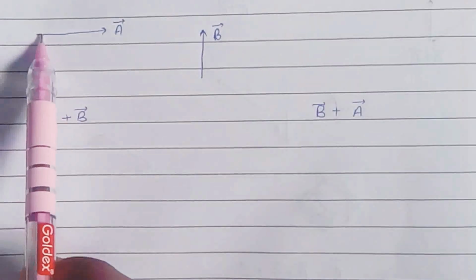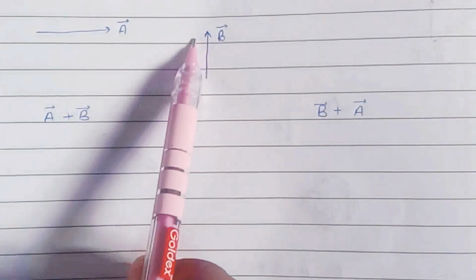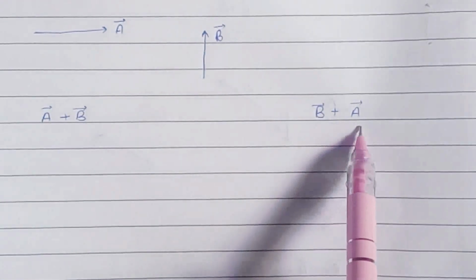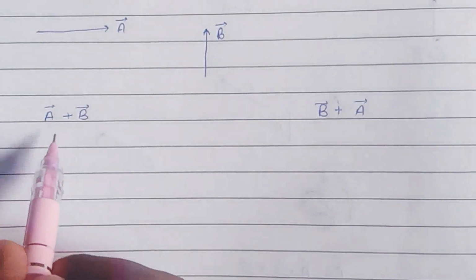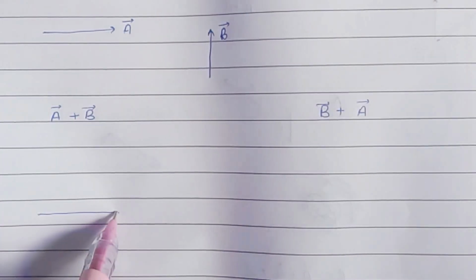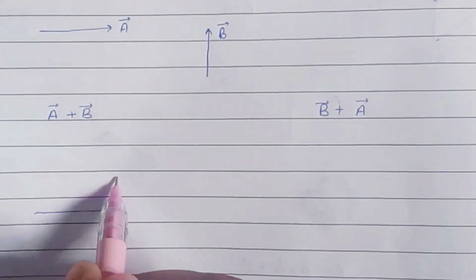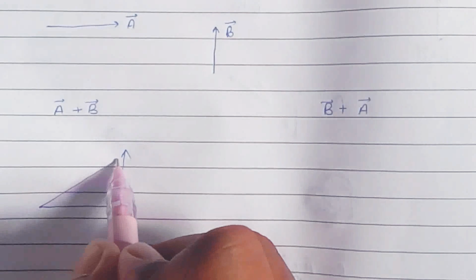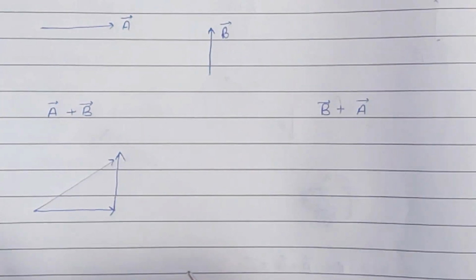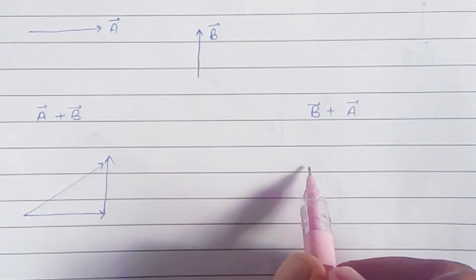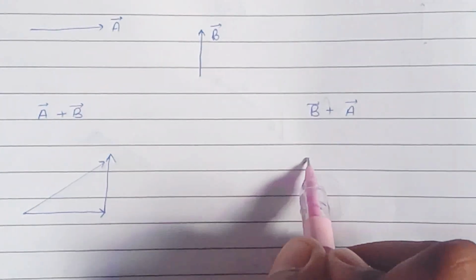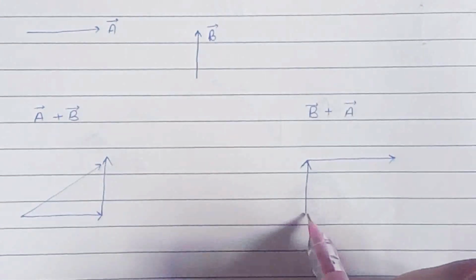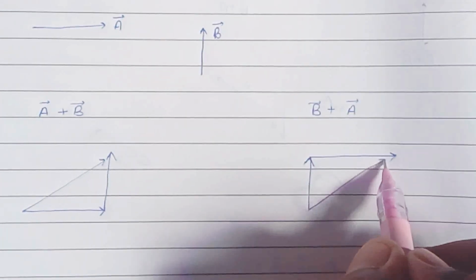See, this is a vector given and this is b vector given. So you have to find a vector plus b vector and b vector plus a vector. So for this one, a vector is like this, b vector is like this. So a vector plus b vector will be like this. B vector is like this one, a vector is like this one, so resultant vector will be like this one. This is r vector.